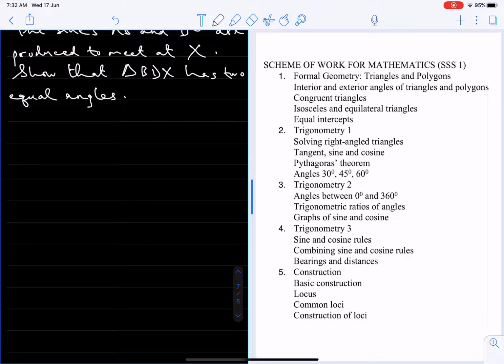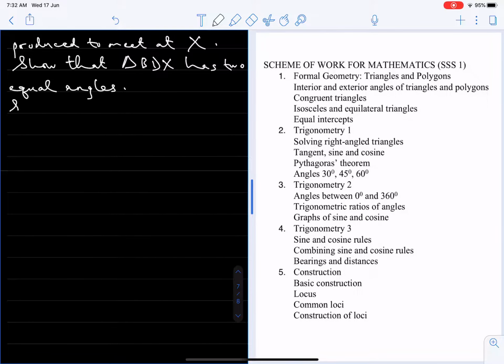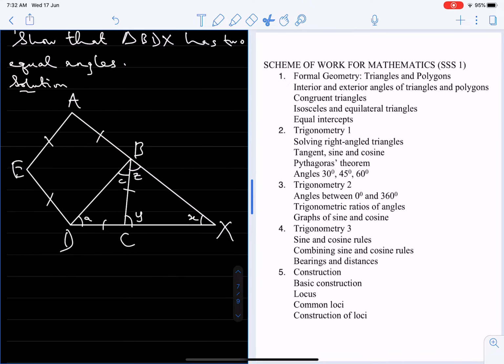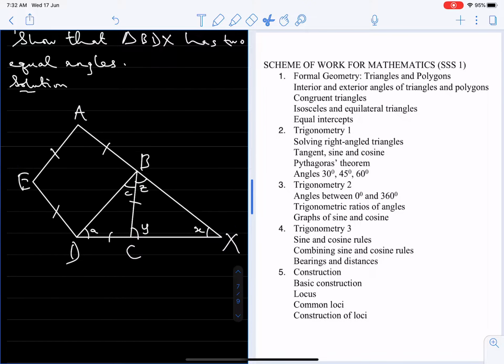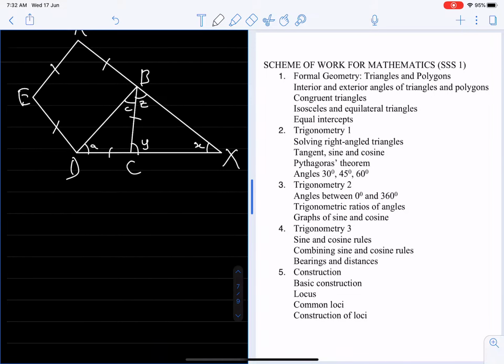So what they are saying here invariably is that we should show that triangle BDX is an isosceles triangle. And now let's see, how do we do that? Let's have a solution. I want to paste the diagram. I think I saved it somewhere before. That's the diagram.